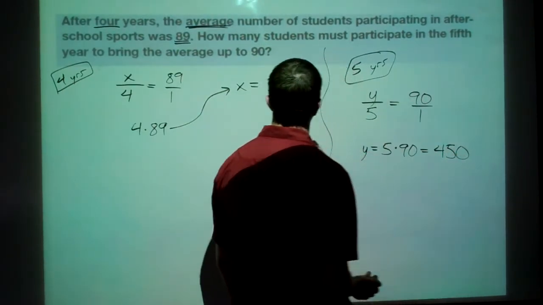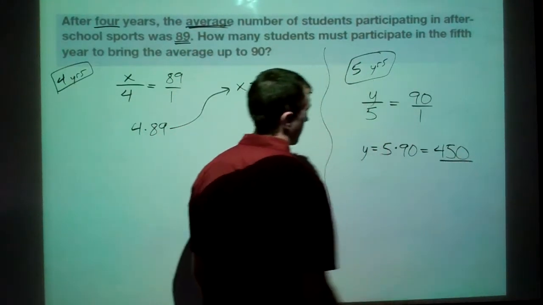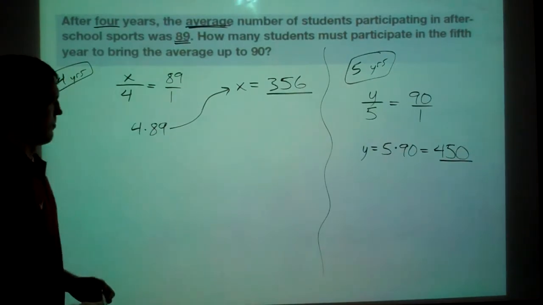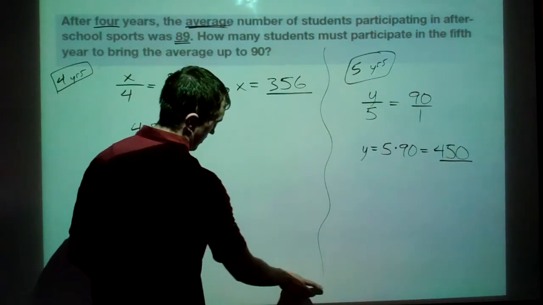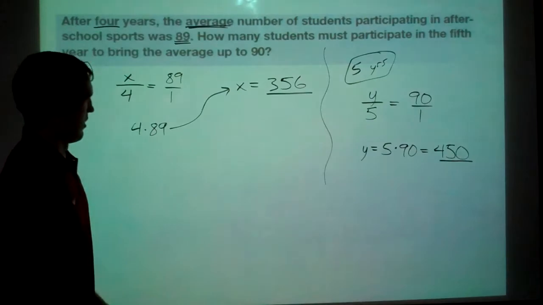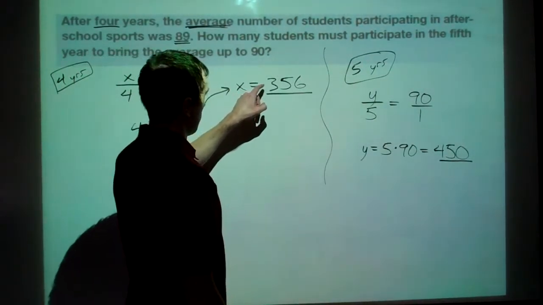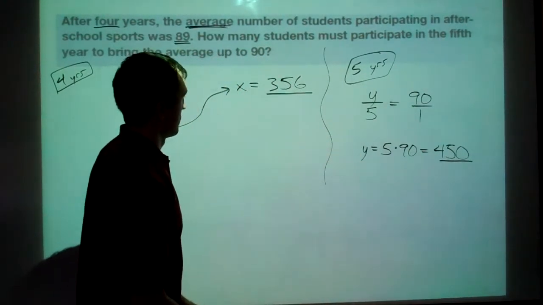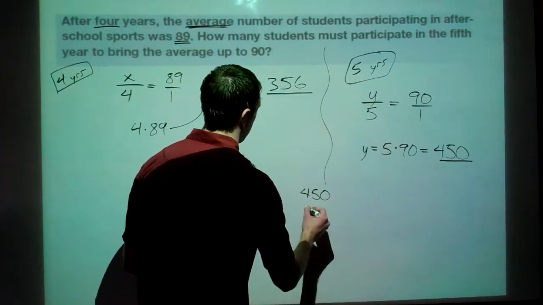Okay? So we look at the difference here then. So we need 450 minus 356. Okay, so basically what this is saying, in our 5th year, we need to go from this total number to this one. So our 5th group, or our 5th year of students, needs to be 450 minus 356.